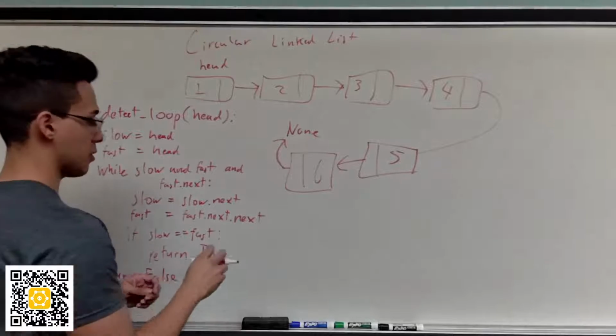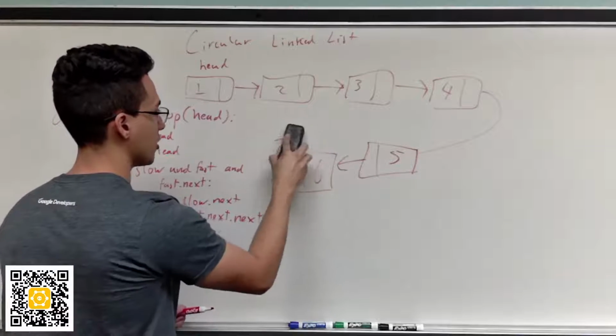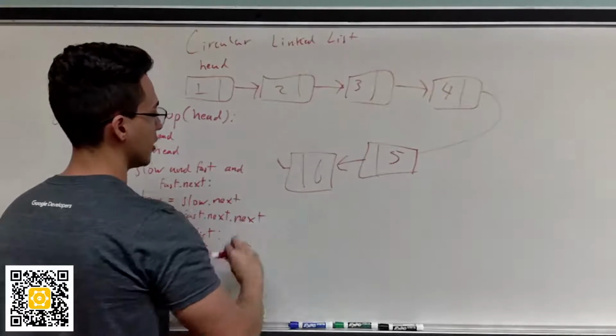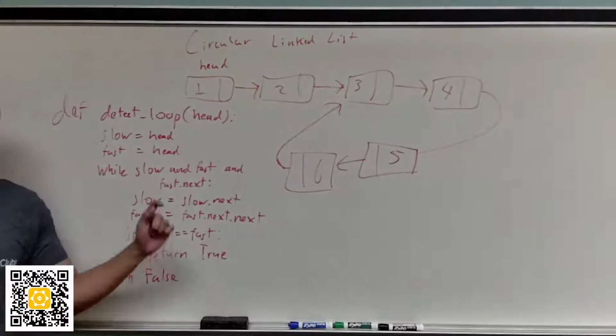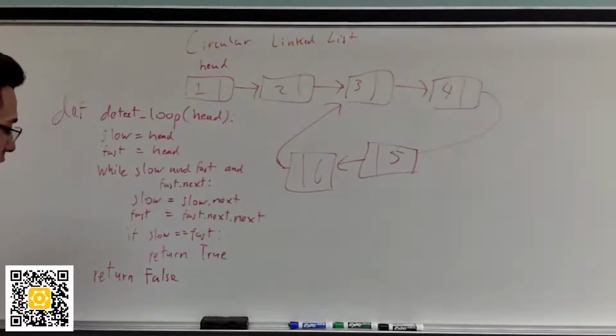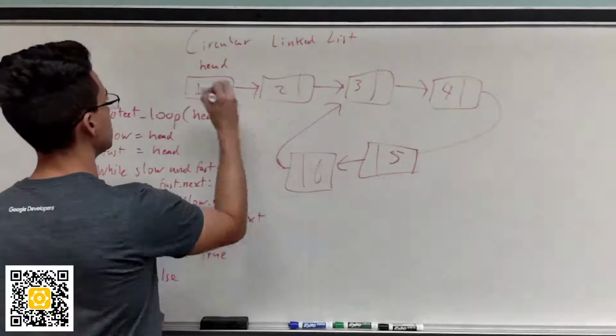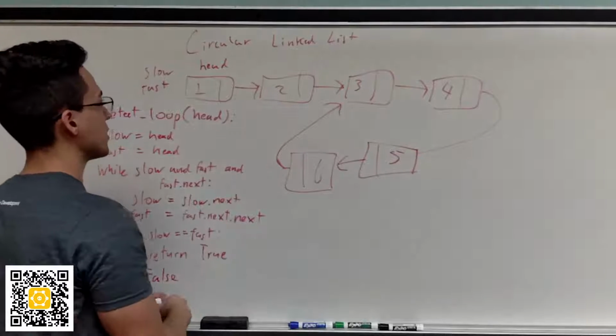All right, let me actually put it back. And this does work. This works for any cycle at all. And there's some math that goes into this, some theorem, some concept. So let's just actually work on it, right? We'll do slow and fast.